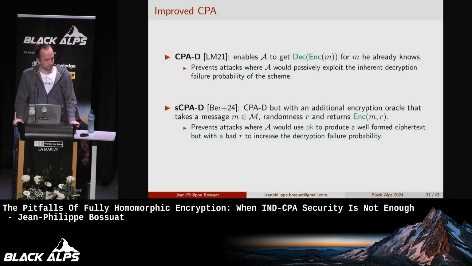So a new security notion, strong CPA, was proposed, which gives the adversary an encryption oracle to which he can give some randomness. The goal is to prevent attacks where the adversary would use a public key to produce a well-formed ciphertext, but with bad randomness that would increase the decryption failure.